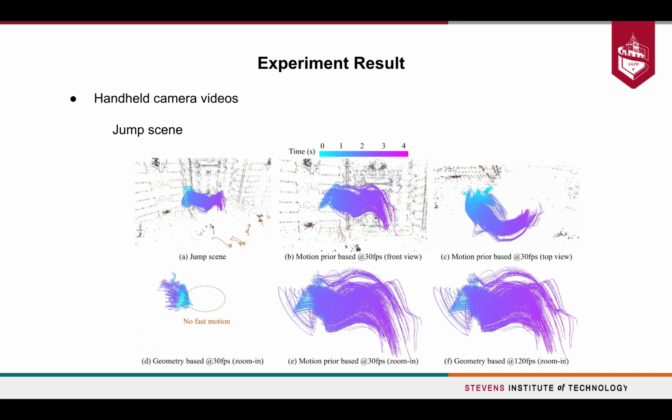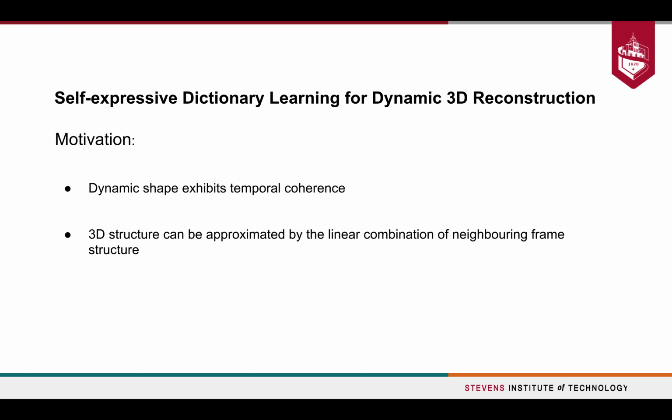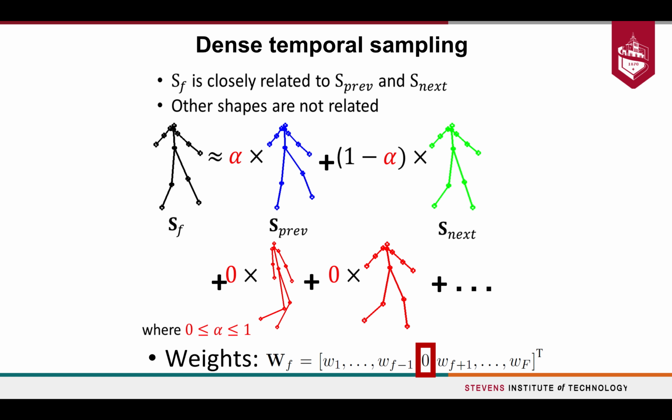at 120 frame rate. Okay, then this is the self-expressive dictionary learning for dynamic 3D reconstruction. The motivation is that dynamic shape has temporal coherence, and the 3D structure can also be approximated by a linear combination of the neighboring frames. Here is the principle.